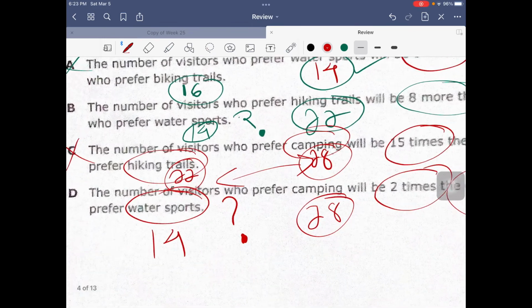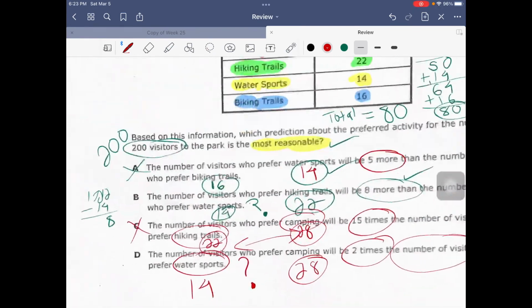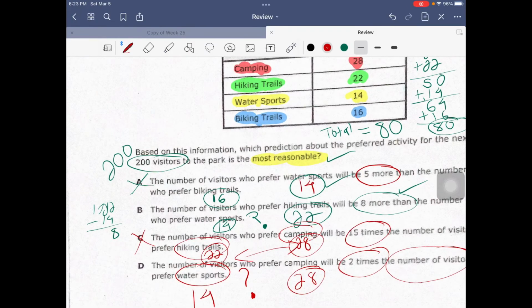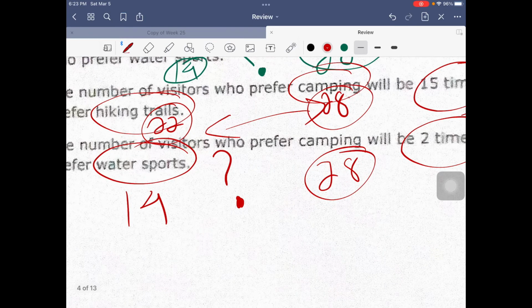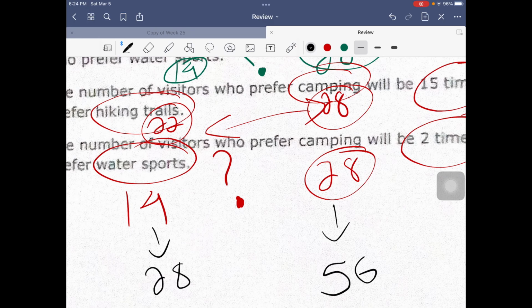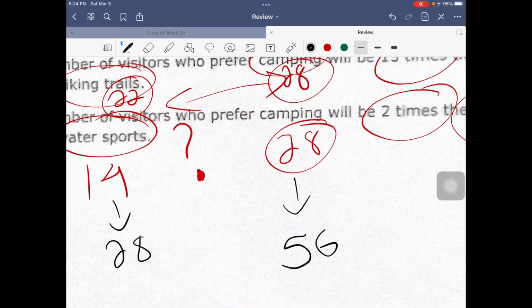Let's say my next group of people is 28, double this, and double this is 56, right? This is for 160 people.